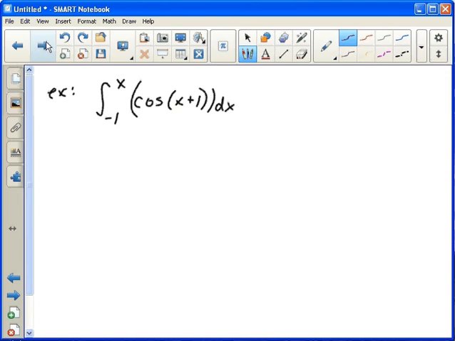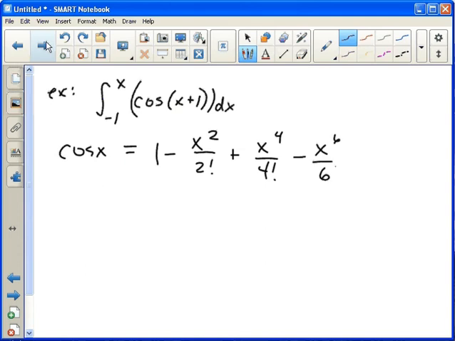You're going to start very similarly to what we were doing in the first video, where we start with what we know, which in this case is cosine x. And then we replace the x with x plus 1.